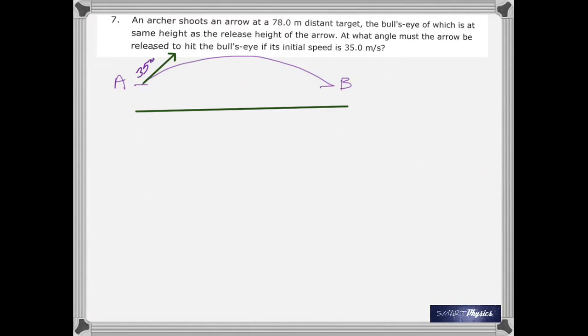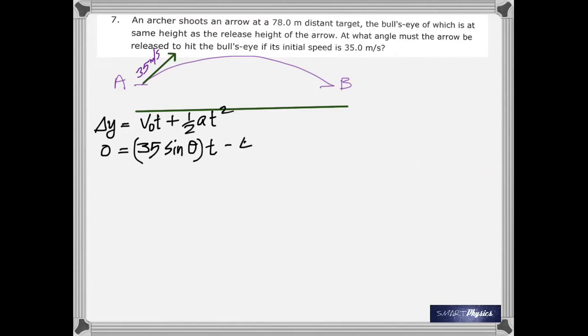And again, 35 can be resolved into two components, which will give you 35 cos theta and 35 sin theta. This is the equation again. Delta y is 0, talking about the vertical quantities. And what is v naught? It is the vertical component, which would be 35 sin theta, multiplied by time minus 4.9 t squared.